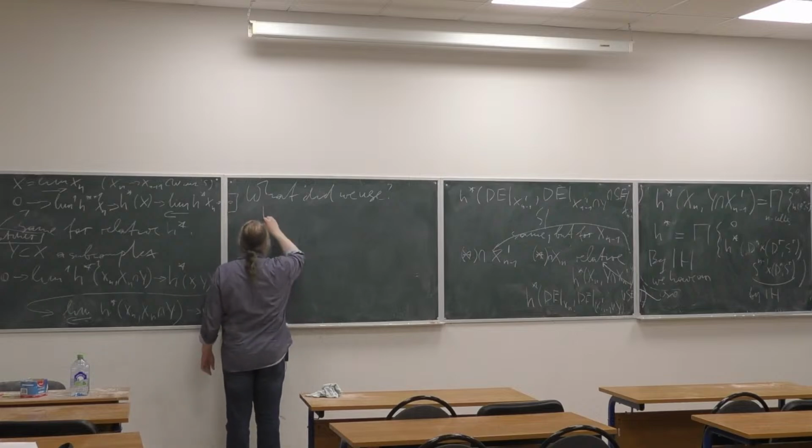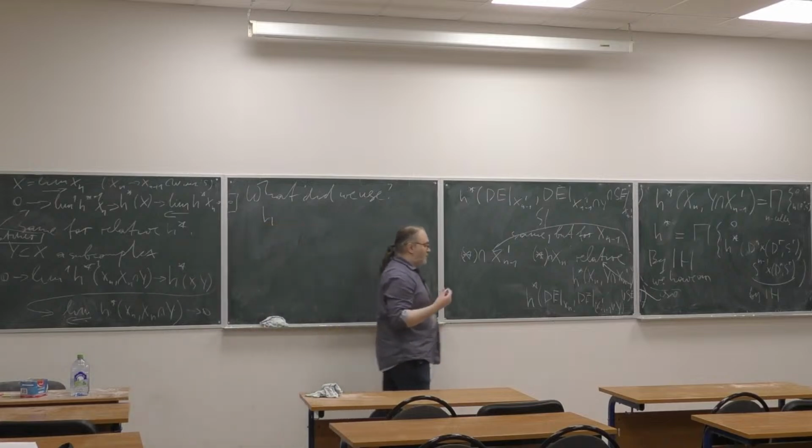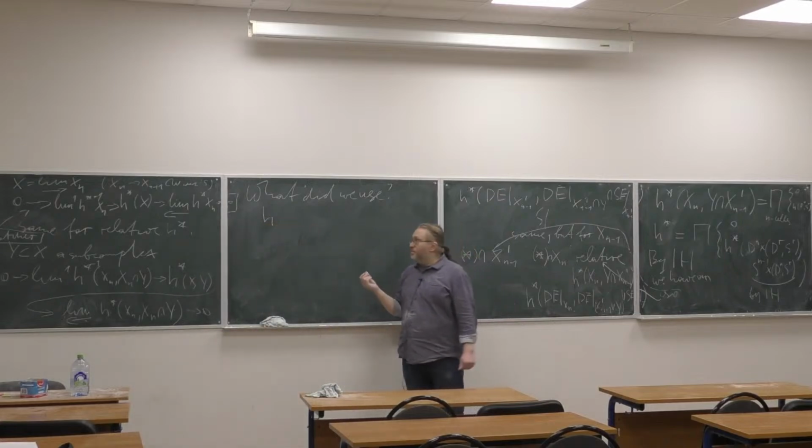Well, which properties of a multiplicative cohomology theory did we use in the proof?